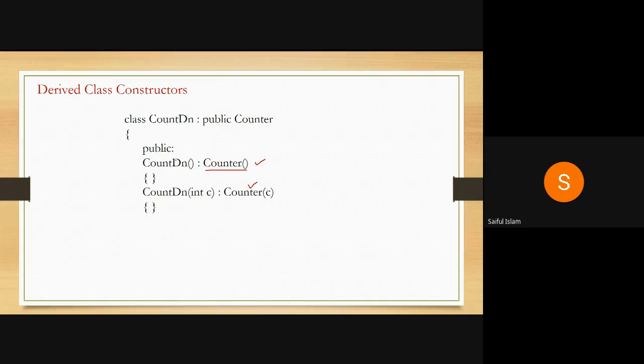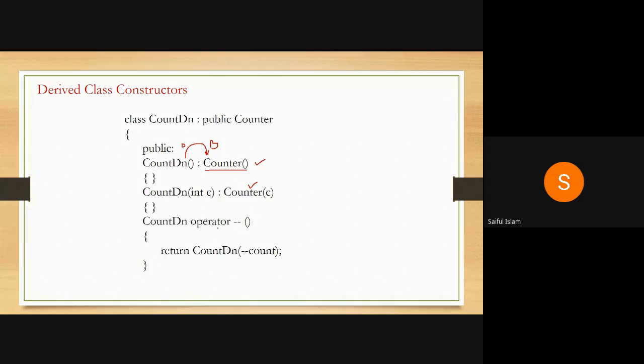Here what I am doing is creating constructors in a derived class and invoking the corresponding constructor of a base class. So the countdown zero argument constructor of the derived class is calling the zero argument constructor of the base class. So it's D to B. Similarly here, the one argument constructor is calling the one argument constructor of the base class.